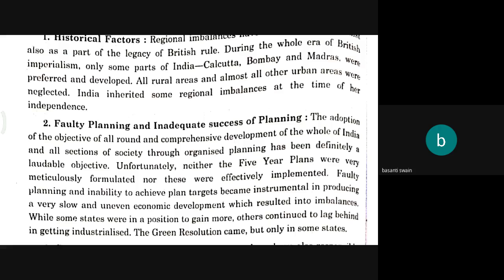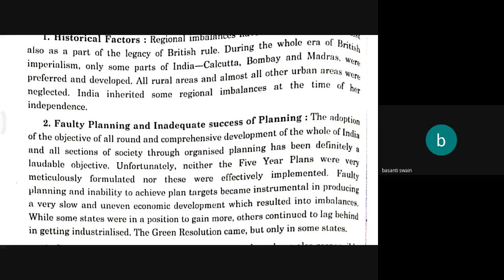We know it is good planning. Unfortunately, neither were the 5-year plans very meticulously formulated nor were these effectively implemented. Faulty planning and inability to achieve planned targets became instrumental in producing a very slow and uneven economic development.